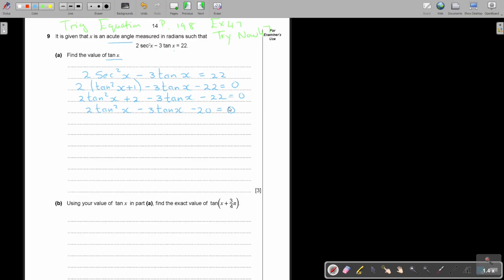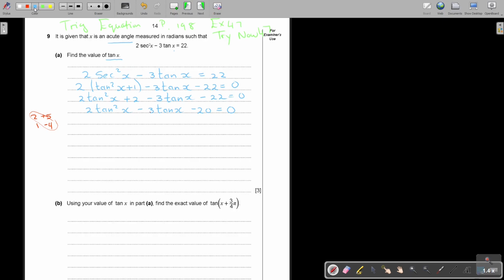Now I factorize. It's going to be 5 and 4, and 2 and 1, group B. So if you have 8, subtract 5, because it's subtraction, you will get that 3. The signs will be different: the bigger one gets a negative, and this one gets a positive.